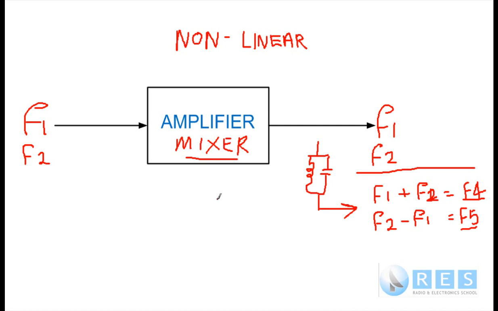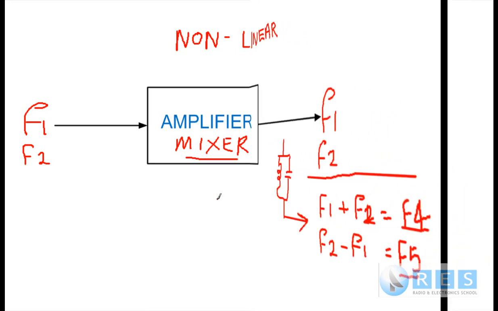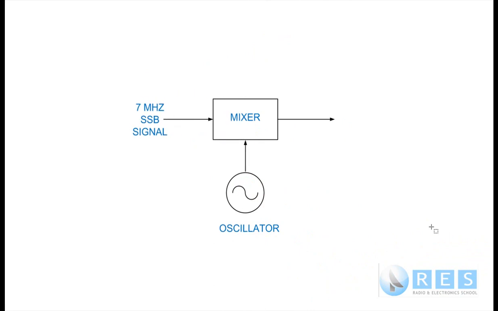We want our radio to operate on 28 megahertz. The oscillators might be on 7 megahertz, and somehow we have to mix that signal from 7 megahertz up to our transmit frequency on 28 megahertz. We would use a mixer to do that, and that's what I'm going to talk about very, very soon.